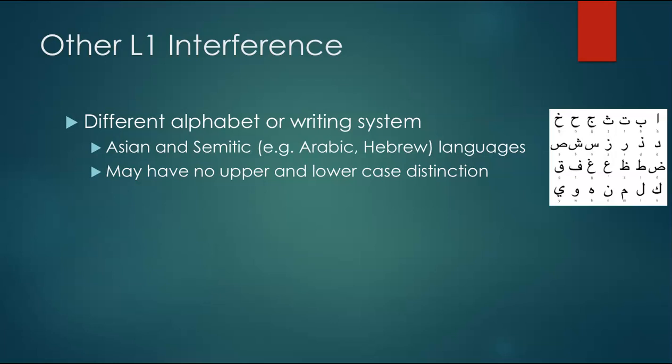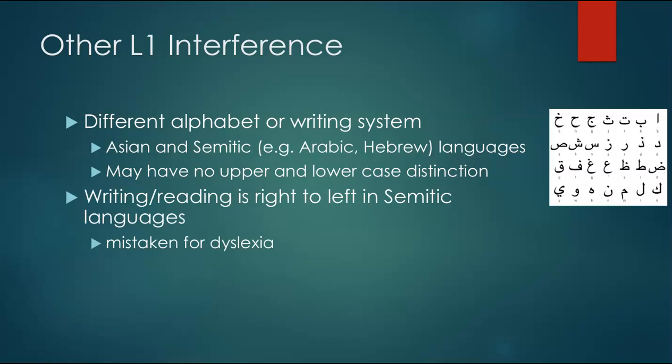In Asian and Semitic languages like Arabic or Hebrew, you would have a totally different script. Many of those have no upper or lowercase distinction. So the way that we are using writing and script has to be completely relearned for a lot of our English language learners of different scripts that don't use the Roman symbols.